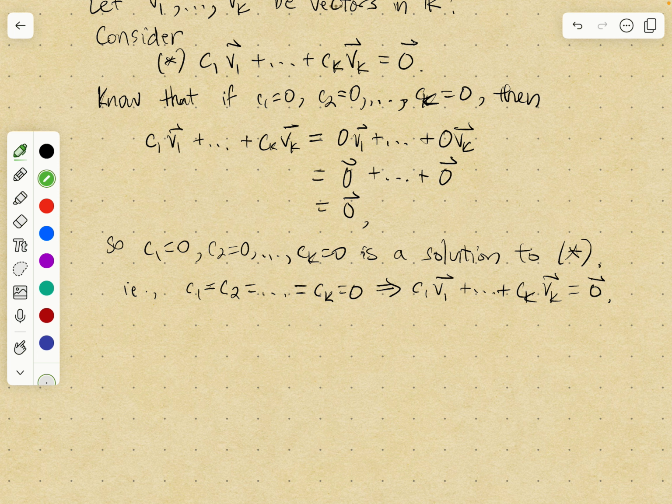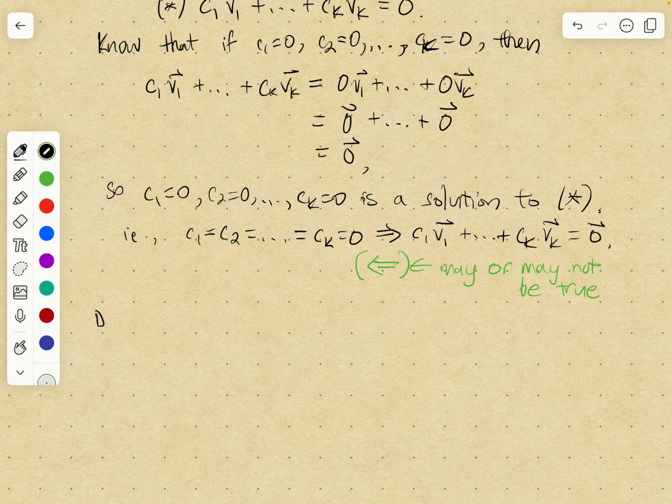This may or may not be true. It may not be true that if c1v1 plus dot dot dot plus ckvk is the 0 vector, that means that c1 through ck are 0. It depends on what your vi's are. And that leads us to the definition that we're about to give, that v1 through vk are independent if the reverse direction is true.